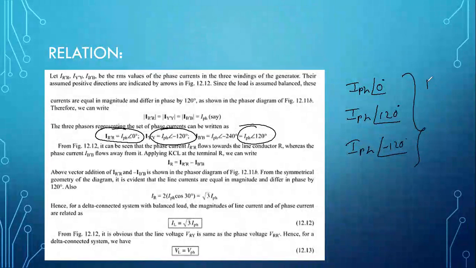These are for your R, Y and B. Now you need to have a resultant out here. As you can see in this part, they are doing it for IR, so we'll also do it for IR.